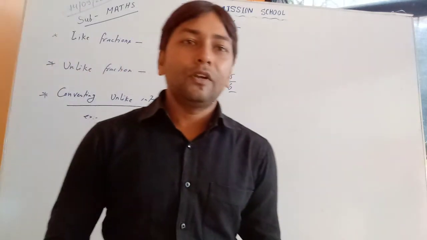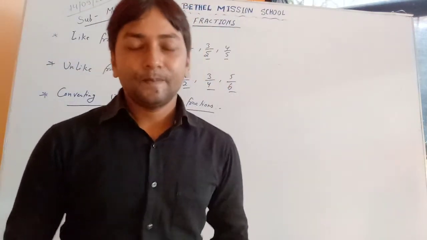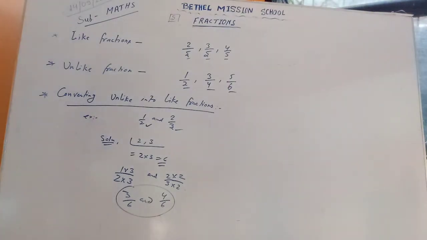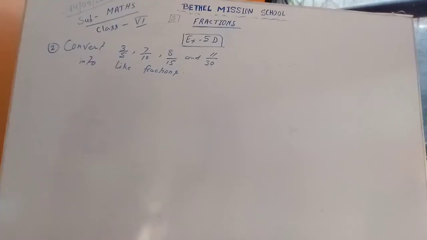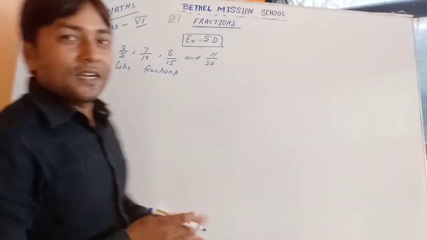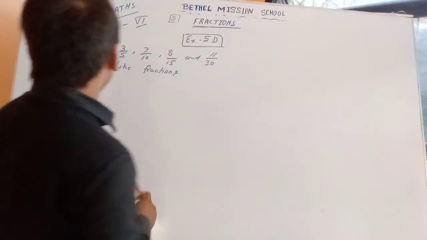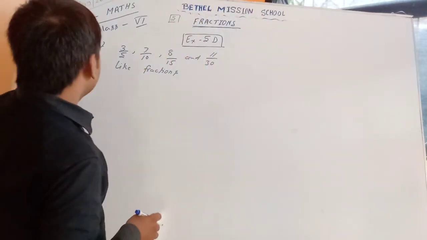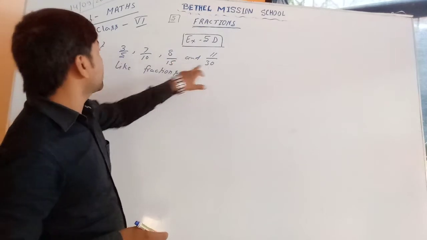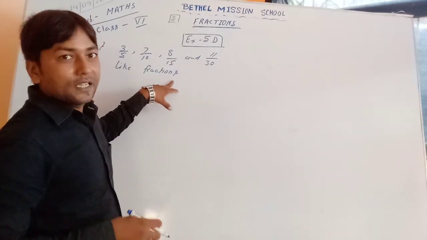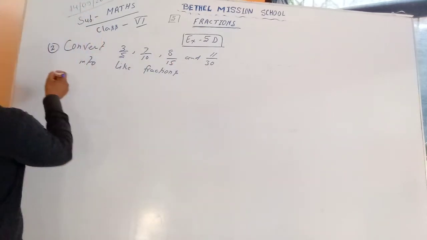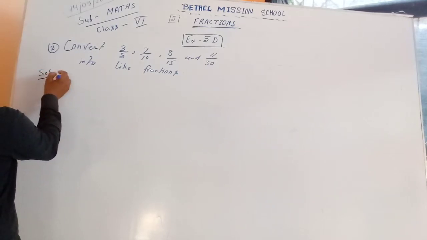Okay, now I am going to solve the exercise. Now I am solving the second question. Convert these fractions into like fractions. I solved one example and now I have taken one more.